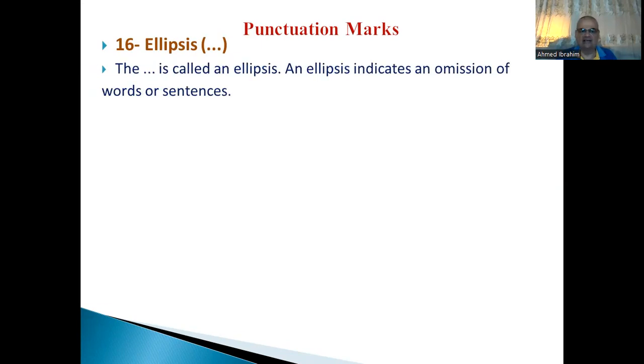Number 16, ellipsis. The symbol is called an ellipsis. An ellipsis indicates an omission of words or sentences.